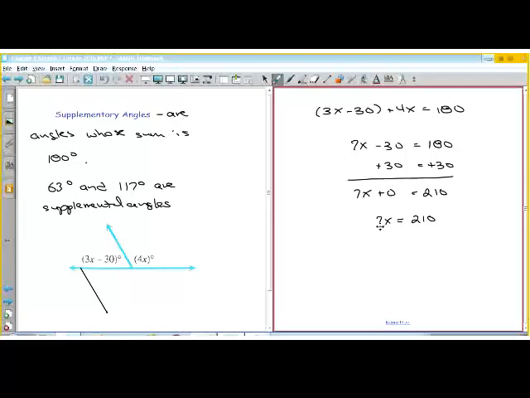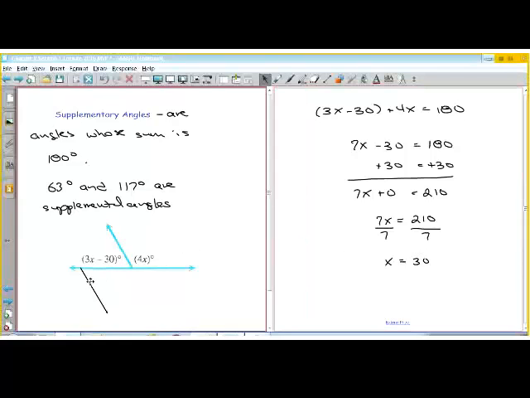You can drop the 0x, and then you divide by the constant that's in front of the variable. 7 divided by 7 is 1, so we get x, and 210 divided by 7 is 30. So x is 30. That's not the answer.